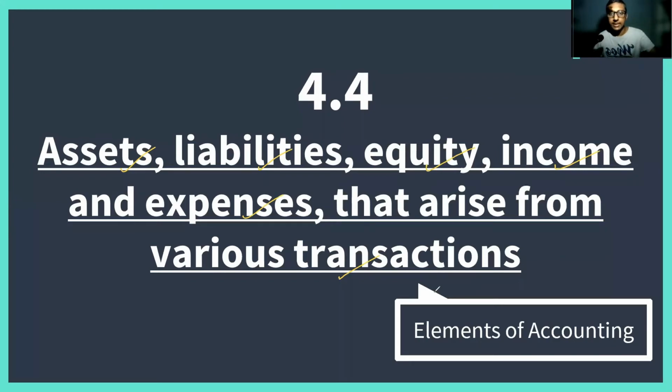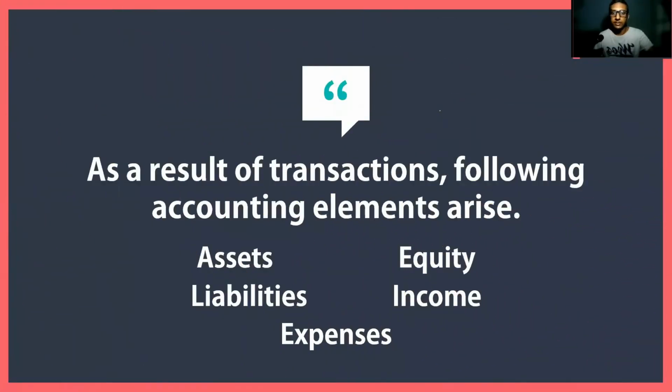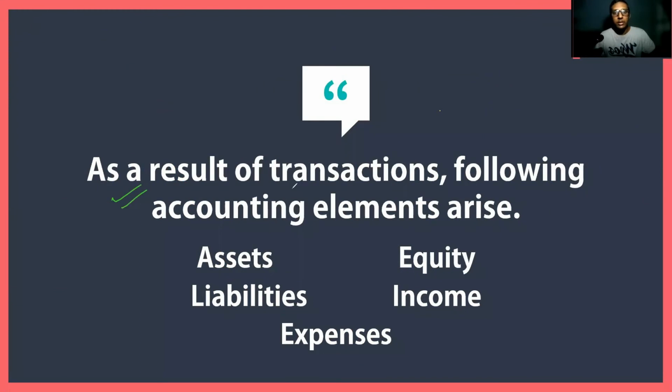So let's see what those are, right? I'm going to take the pen again. Give me 1 second. All right. As a result of transactions, the following accounting elements arise, right? Transactions include events as well. In a broader way, events can also be considered as transactions, right?